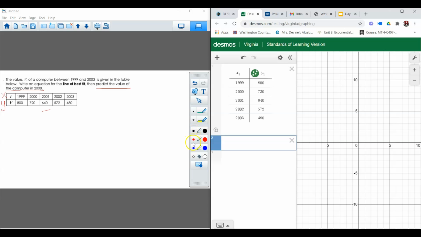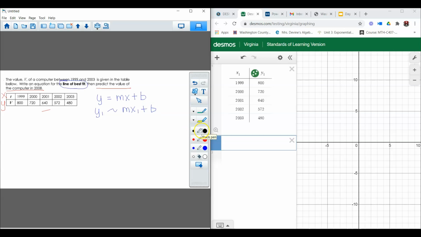Looking at the problem, you will notice that they want you to write the equation for the line of best fit. Now the line of best fit is y equals mx plus b. But in my calculator, I know I'll have to make that y1 squiggle mx1 plus b.